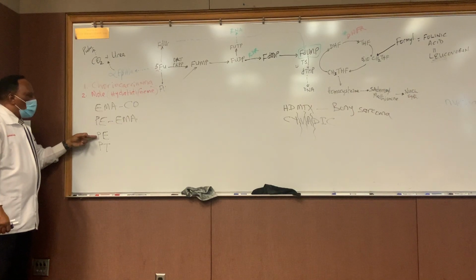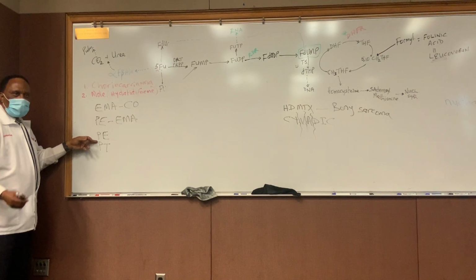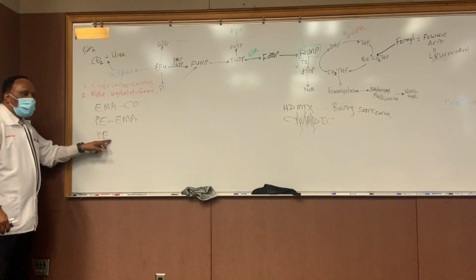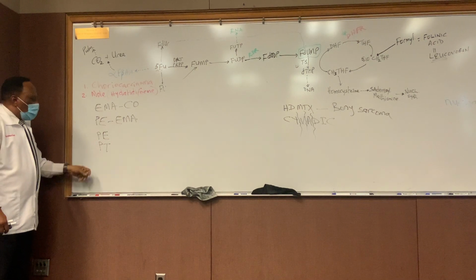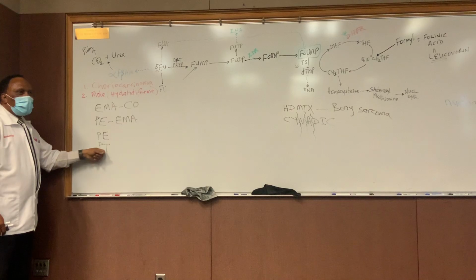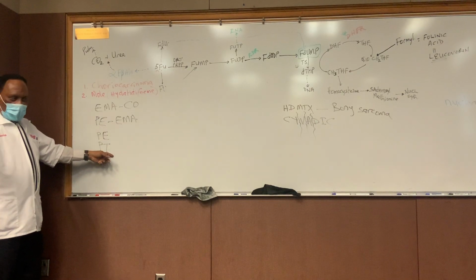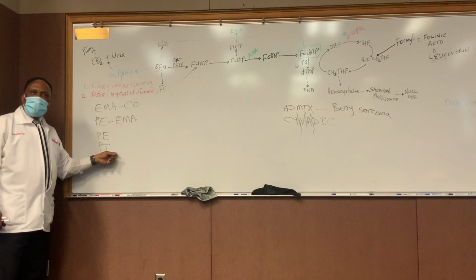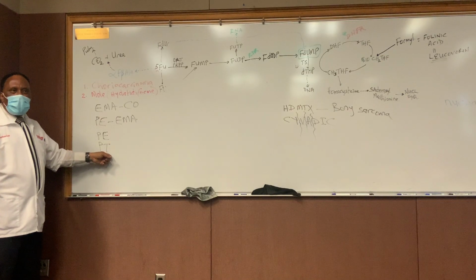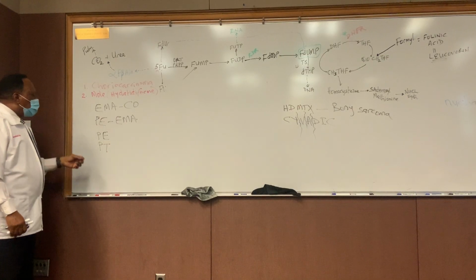Of course, P is platinol, your cisplatin that you can use with etoposide, and then PT can be platinol plus one of your taxanes, that is like Taxol, that you can use.